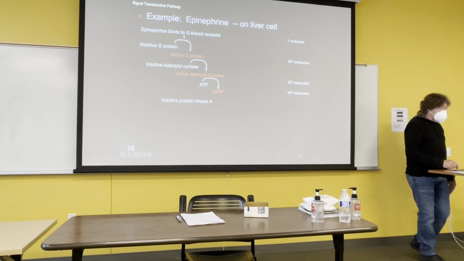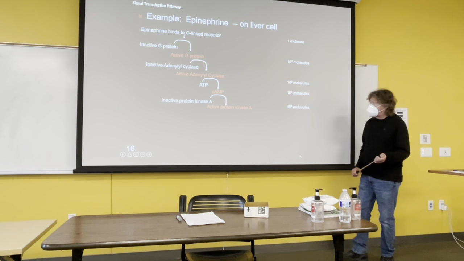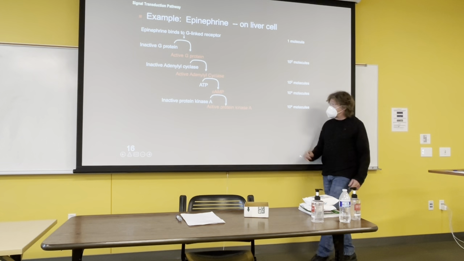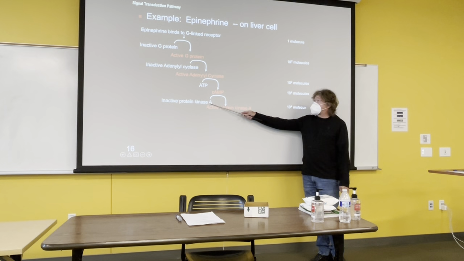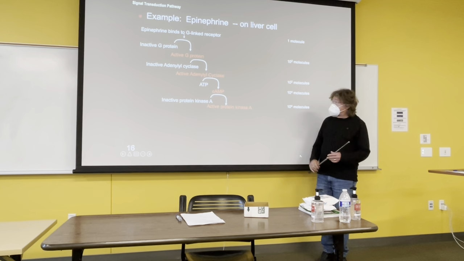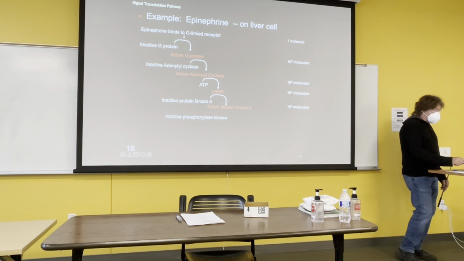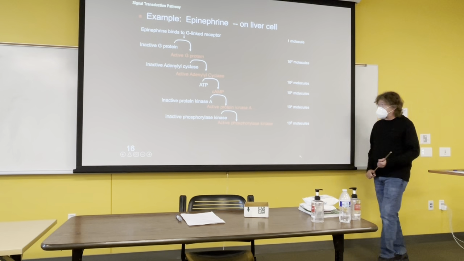Then of course cyclic AMP, this is one-to-one relationship as well. It binds to the inactive protein kinase A and leading to, in this case, a type of cAMP dependent protein kinase, but in the liver, it's specifically something called protein kinase A. And that is now active protein kinase A, which then activates an inactive enzyme called phosphorylase kinase.